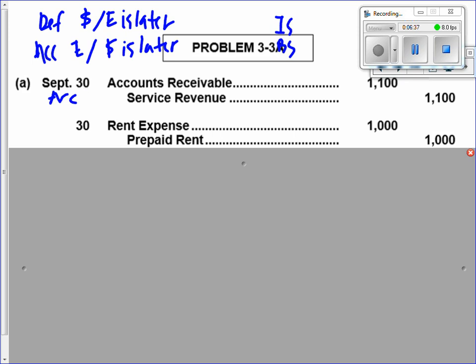As we use it, kind of like supplies, we expense out what we use, and prepaid rent, that asset, goes down. Prepaid rent was from the balance sheet. Rent expense was from below the line, or the income statement. And maybe this simple idea of drawing a line and pulling something from the top and something from the bottom, that was your light bulb. That's all you needed. It does make it a little bit easier, doesn't it?